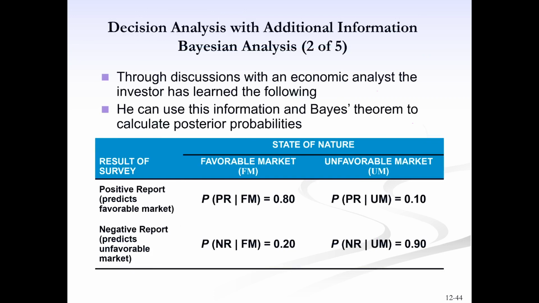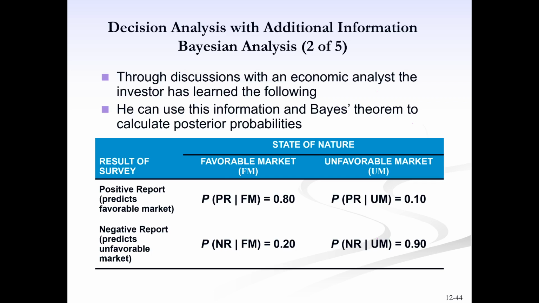Now, through discussion with an economic analyst, the investor has learned the following. He can use Bayes theorem to calculate posterior probabilities, and we said that this is the statistics available to us through the economic analyst.